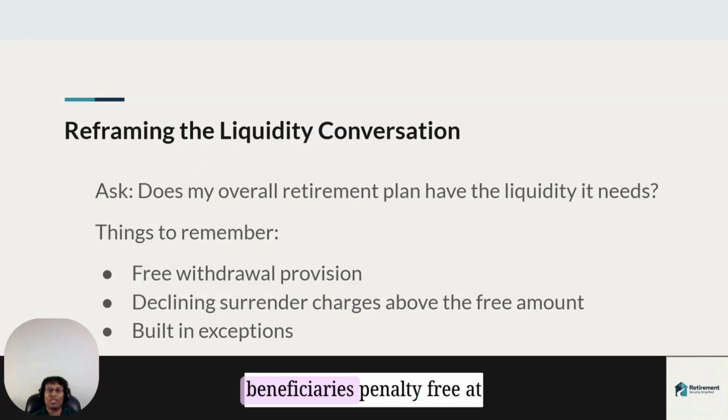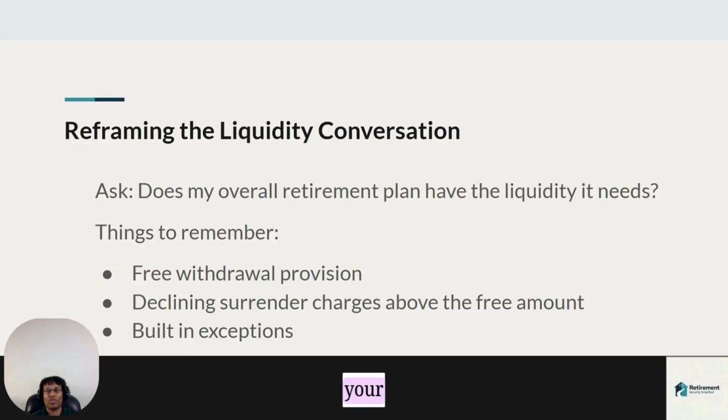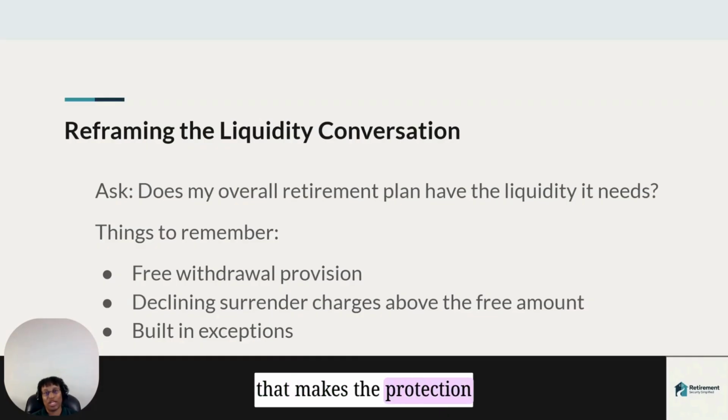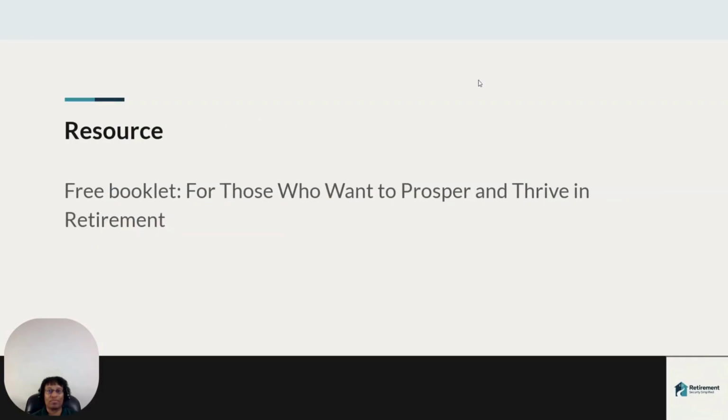Many contracts include built-in exceptions for health events and always pass to your beneficiaries penalty-free at death. The real question isn't whether your annuity is liquid, it's whether your overall plan is. The restrictions inside an FIA aren't a hidden trap. They're the trade-off that makes the protection and guarantees possible in the first place.